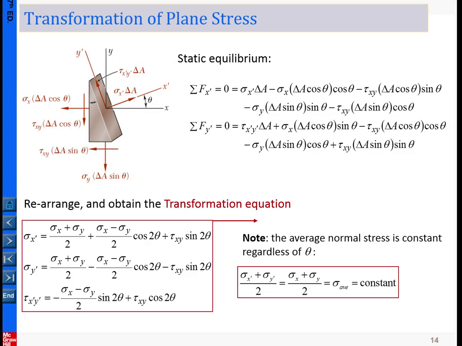So from this moment onward, we can do general symbolic calculations. Symbolic calculation will lead us to useful formulas, and we call them the equations for transformation of plane stress.